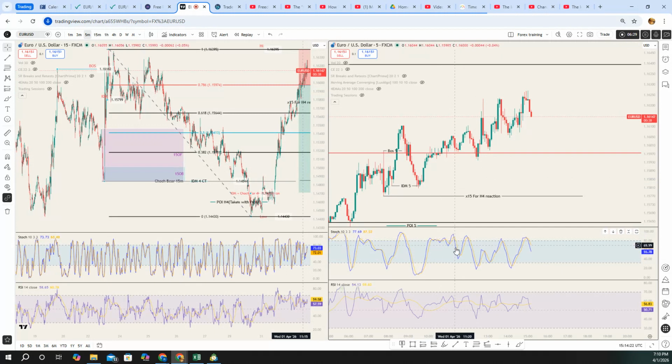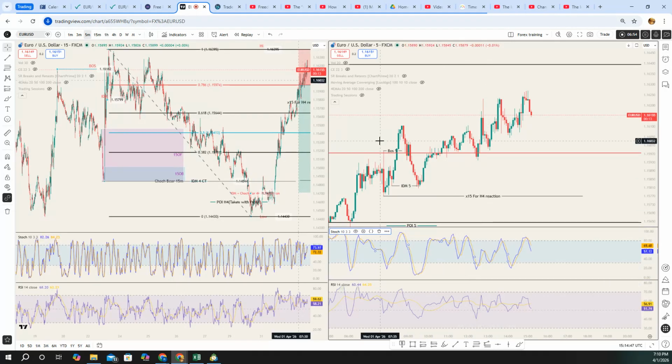And even when it went down from here to here, it wasn't really going down. The trend is going up. So if I'm going to depend on the stochastic, it doesn't give me what I want. I don't understand what's going on. The RSI, I will not understand what is going on.